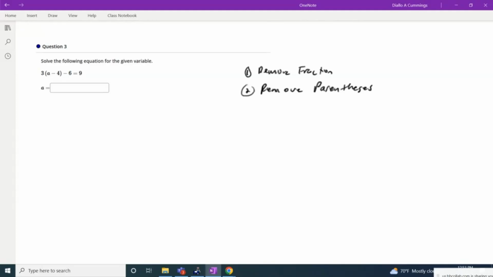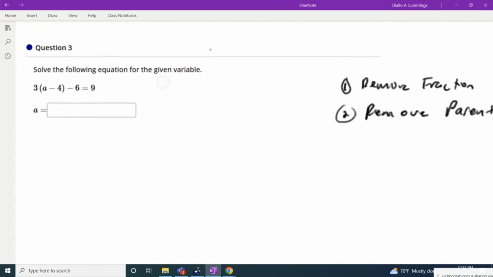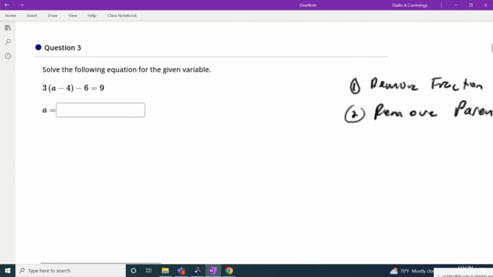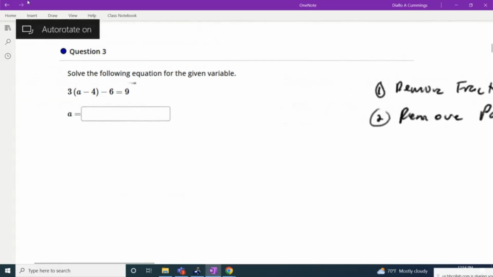So if we take a look at our problem, notice on the left-hand side, we have a set of parentheses. So I'm going to distribute 3 within that first set of parentheses.